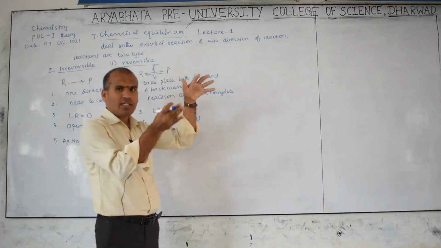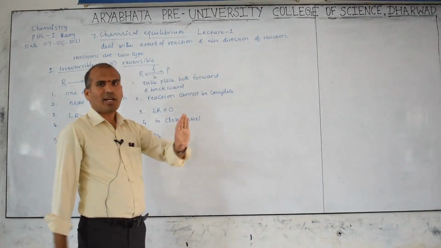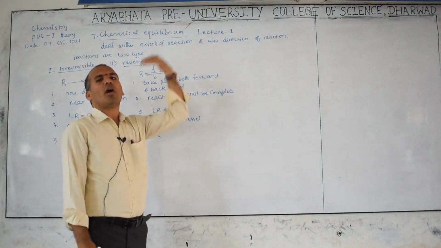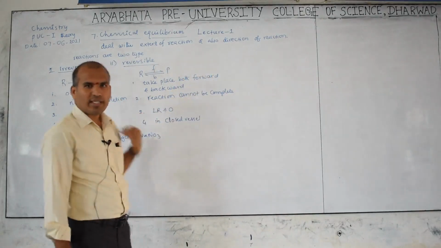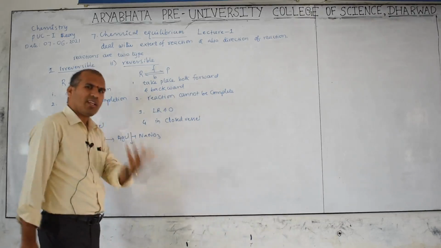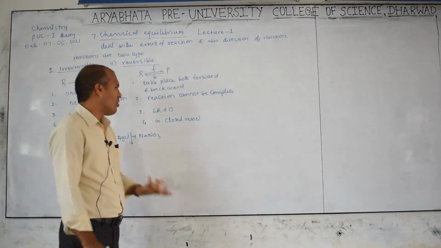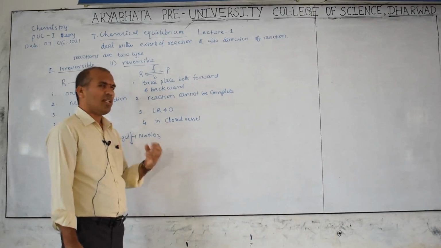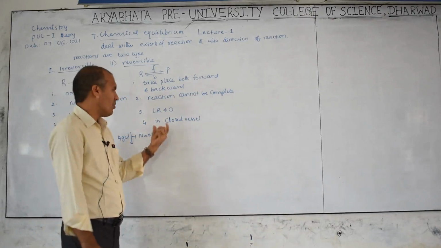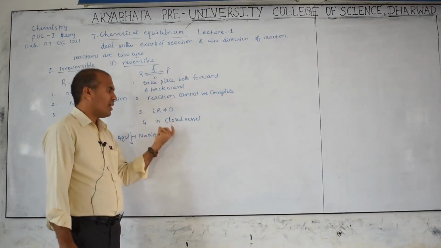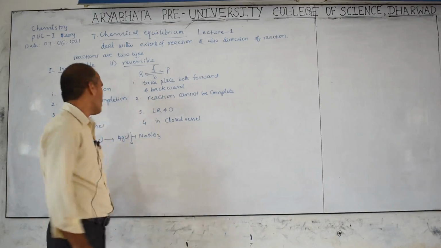If you maintain this pressure equal, then the carbon dioxide gas will not escape, and again the backward reaction will take place. That is a very rare case and difficult to maintain. That's why books always say a reversible reaction takes place in a closed vessel.